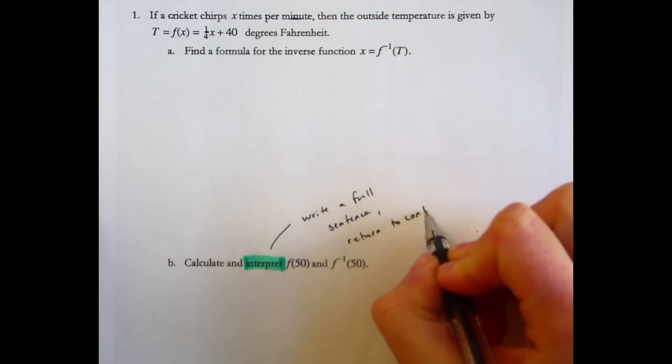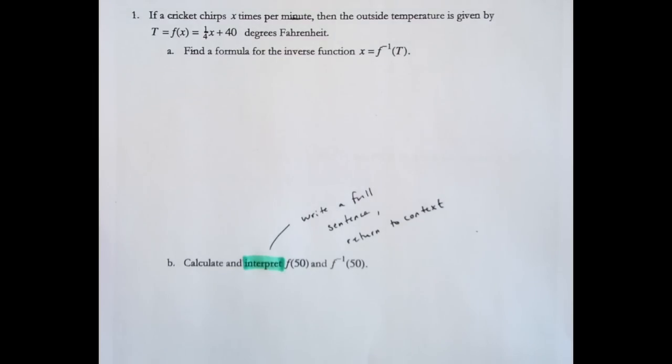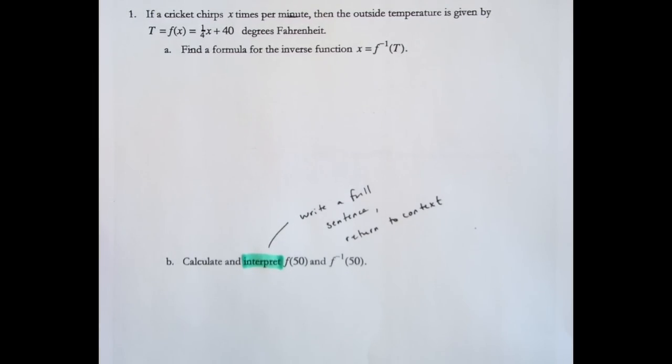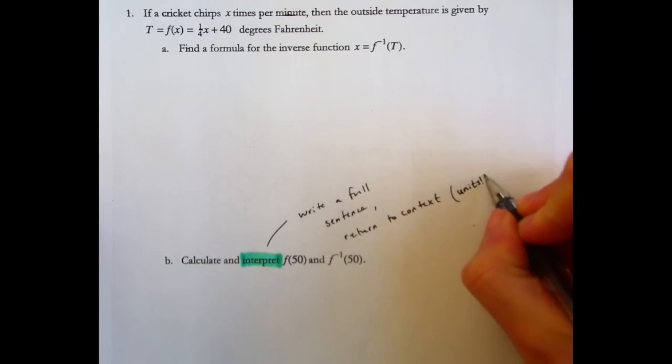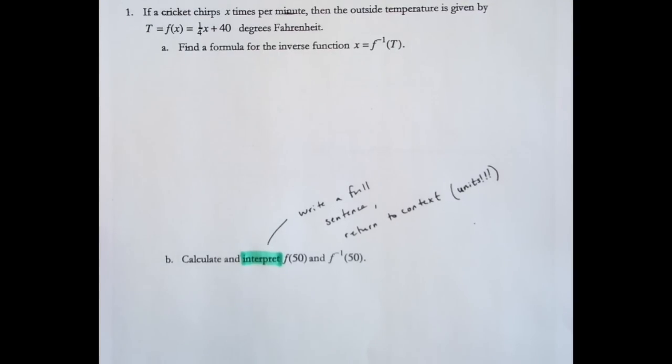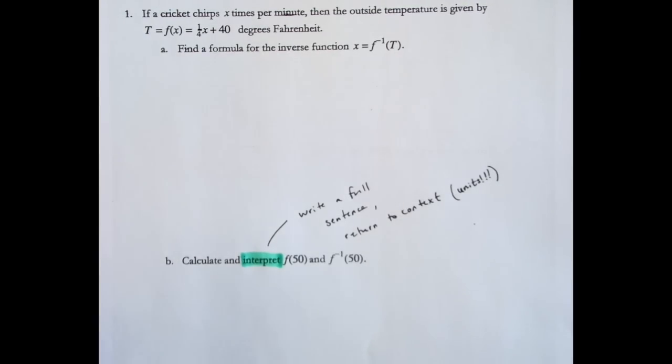Return to context. And most of the time, when you're told to return to the context, that really means you want to pay attention to the units of the problem. So what are the units of everything going on in the question?